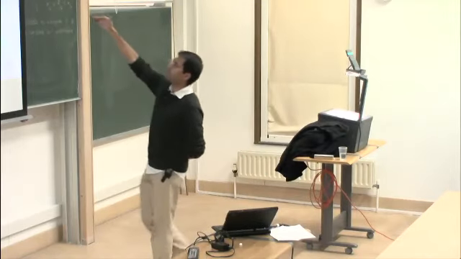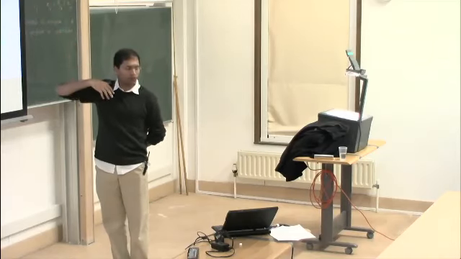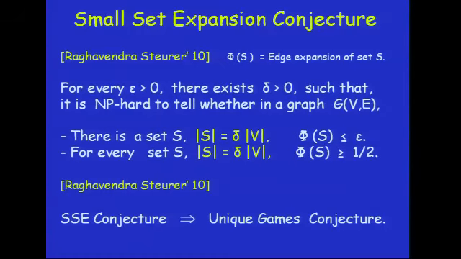So either there is a set which does not expand at all, or every set expands really well. The conjecture is that it's NP hard to distinguish between these two cases. And they show that this actually implies the unigames conjecture.